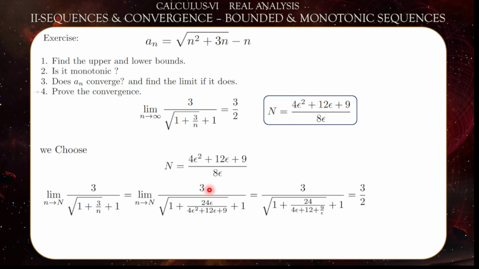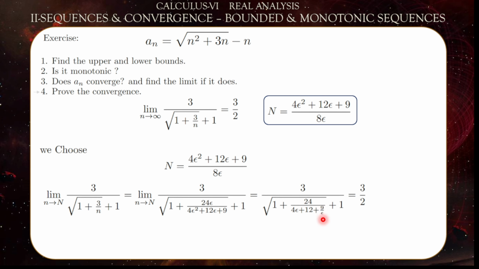You invert it, you flip it upside down, so you multiply 8 epsilon by 3 and the numerator becomes the denominator. So it is equal to 3 divided by square root of 1 plus 24 divided by (4 epsilon plus 12 plus 9 over epsilon).